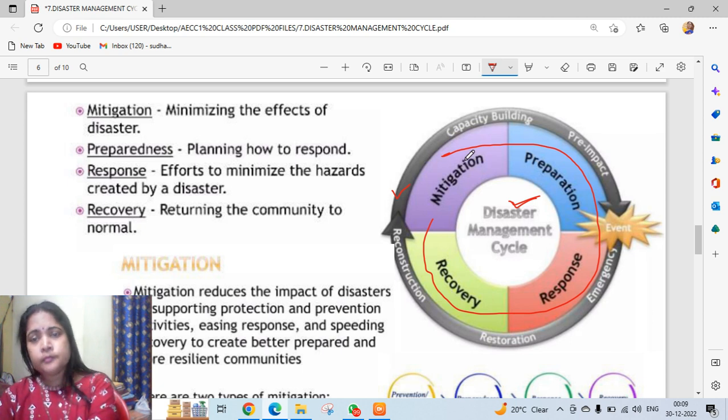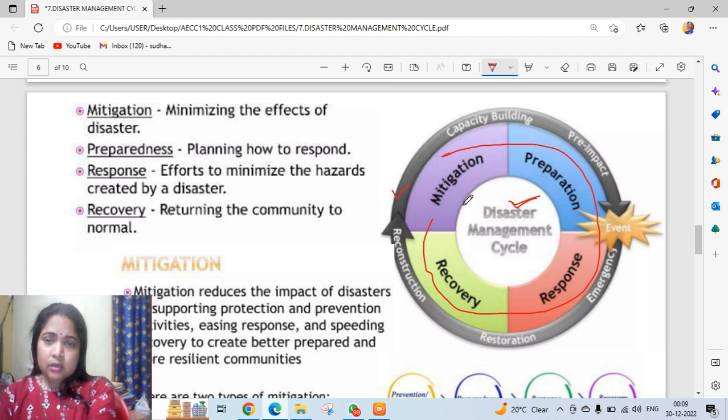You can see here, first step is your mitigation, then second step is your preparedness, then third step is your response, then fourth step is your recovery.